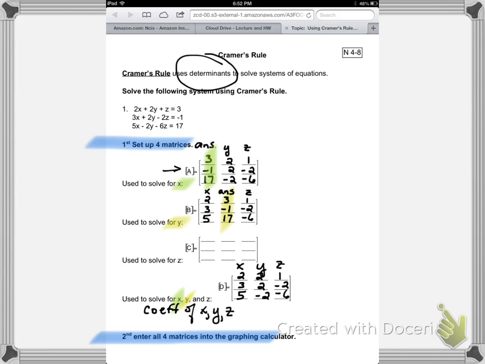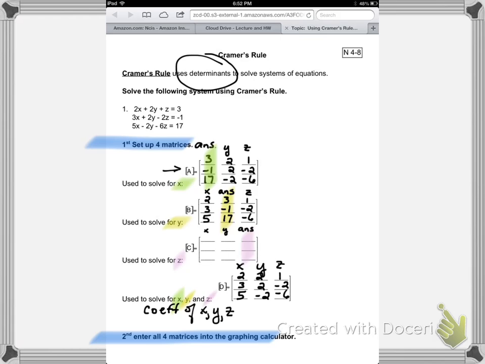Okay. Now we're going to solve for Z. And when we solve for Z, we again use the same matrix D, but this time we're going to change the Z column. And I hope you've guessed, X and Y are going to look the same as they did in the D matrix, but our answers this time are going to go into the column where we normally put our Z coefficients.